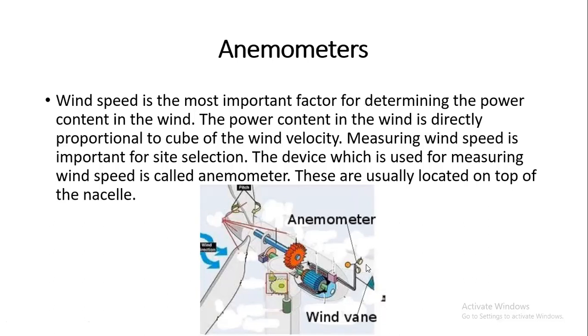Anemometer. Mr. Chakar, please tell us about it. It is a measuring device for measuring wind speed. It is an equipment component, a meter which measures the velocity of wind.